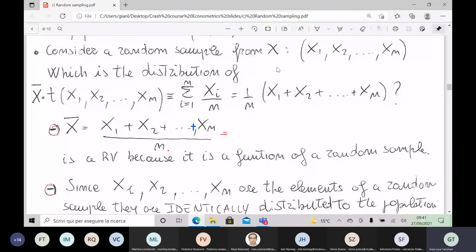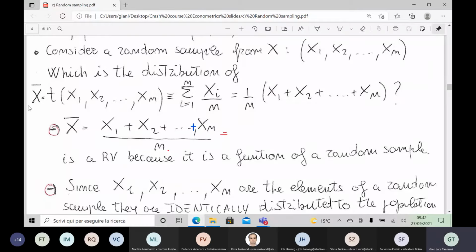However, before having selected the sample, you can have a lot of samples, maybe also infinite, depending on the dimension. But for each different sample you can select, you will have a possibly different value for this random variable. So we denote small x bar as the observed value of this random variable.